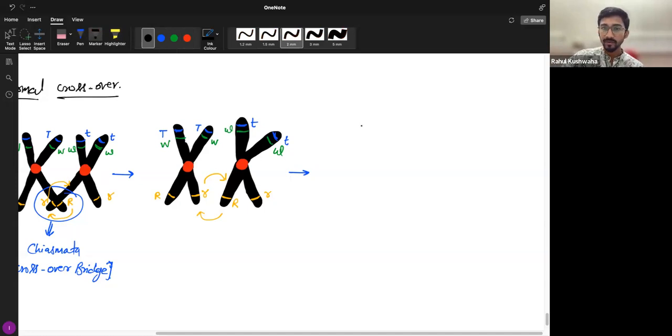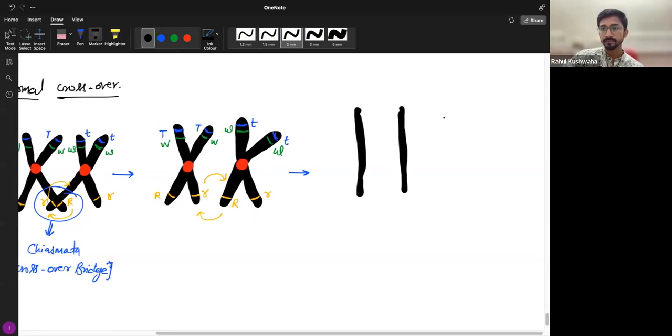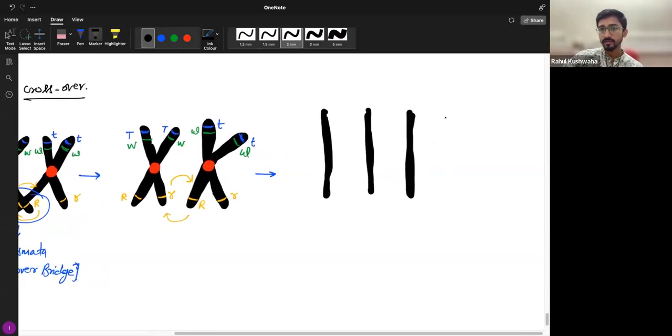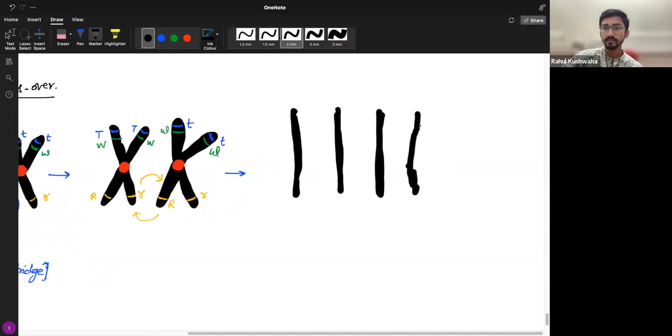So you will have 1 chromatid and 2 chromatids which separated. This is the 3rd chromatid. And this will be the 4th chromatid. Okay, let's say. And now they are detached from each other. And 1 chromatid will have the following combination.